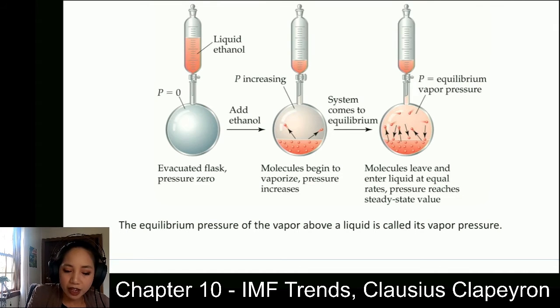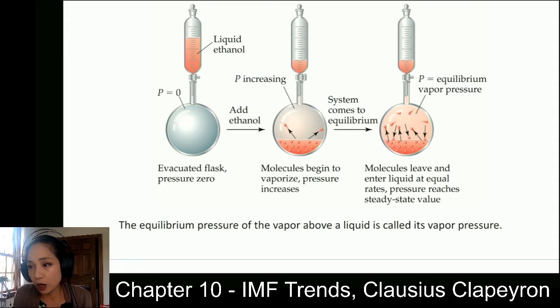And if we close up that vacuum, then we can measure the vapor pressure, so how many gaseous ethanol molecules are in the gas phase versus how many liquid molecules are in that phase as well. So what you'll see in this third picture is that you have both ethanol molecules in the gas phase and the liquid phase at the same time.